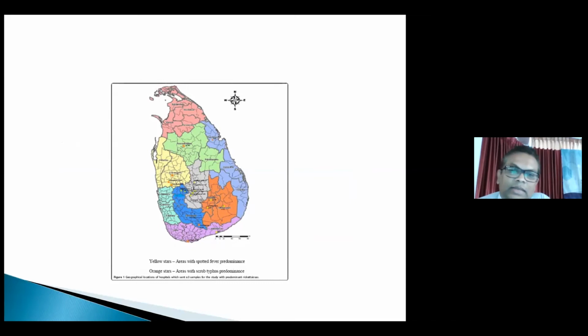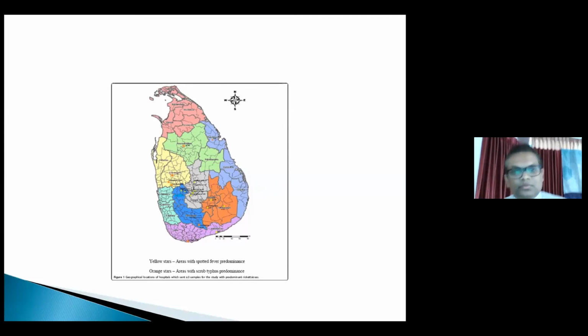The majority was spotted fever group, whereas in north central and northwestern provinces, and they also took samples from Trincomalee, they found the typhus group. In the southern part again you can see a mixture of infection, one yellow star as well as one orange star. And the other interesting thing, in Sabaragamuwa province, they found basically again scrub typhus.